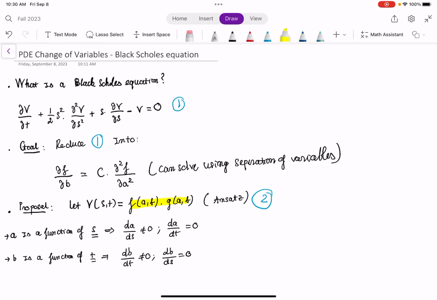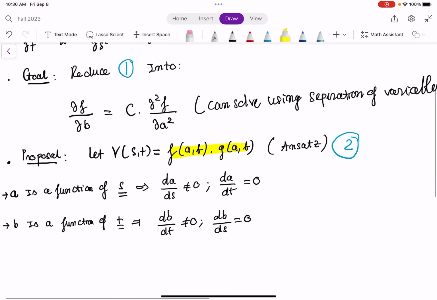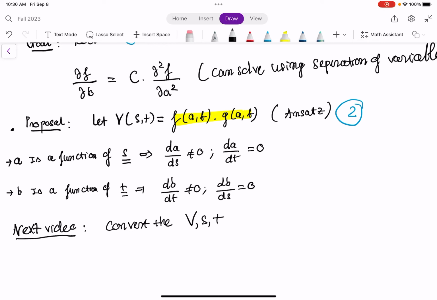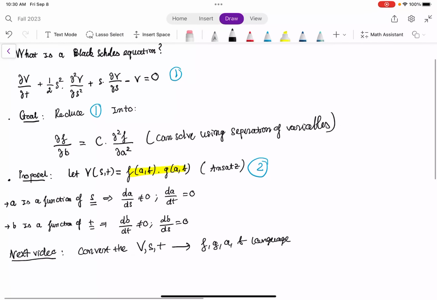We'll start to convert from the V, S, T language into the F, G, A, B language. So what it means is that we're gonna substitute into equation 1. We recalculate partial V with respect to T with partial FG with respect to T, and then we can solve it in that language and go further.